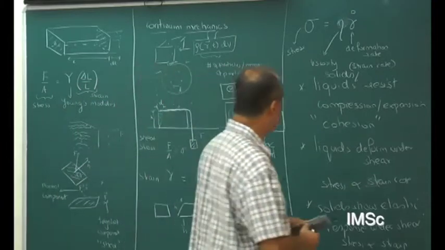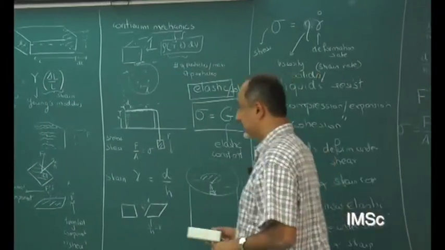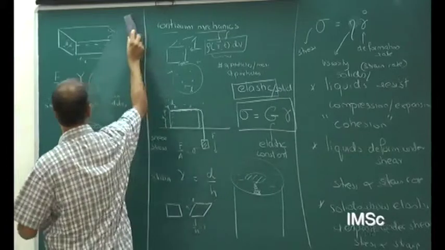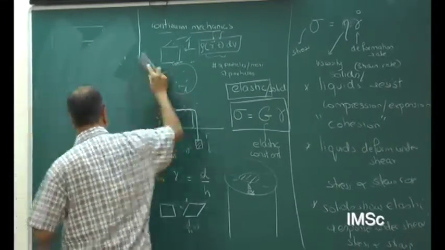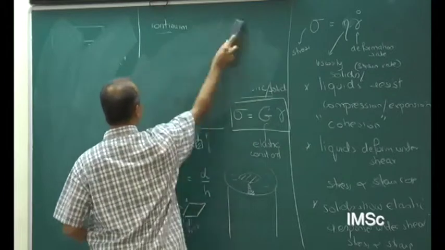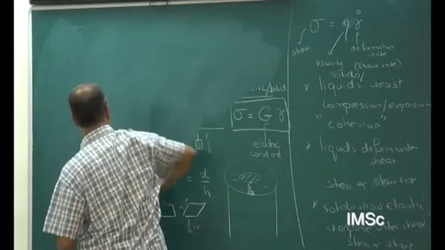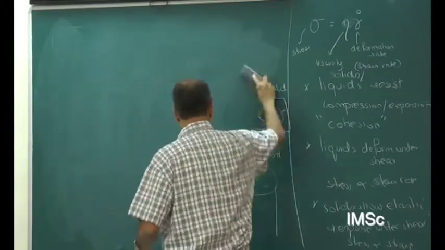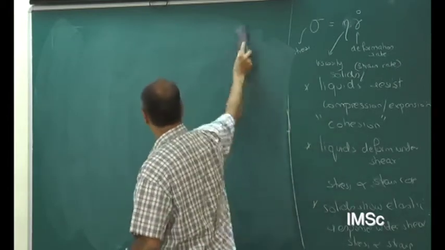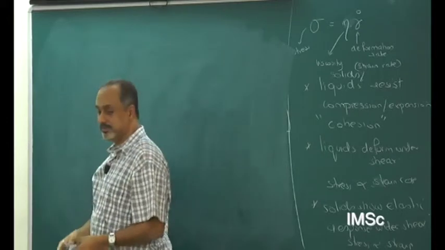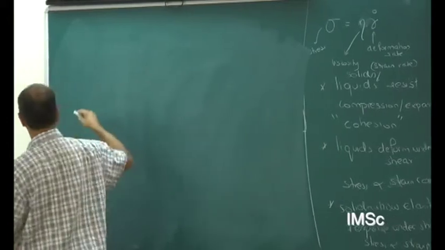Okay, so let's do a little bit of related mathematics. All of these materials that show behavior intermediate between solids and liquids have a nice name. They're called complex fluids.